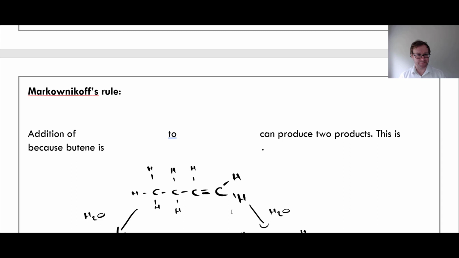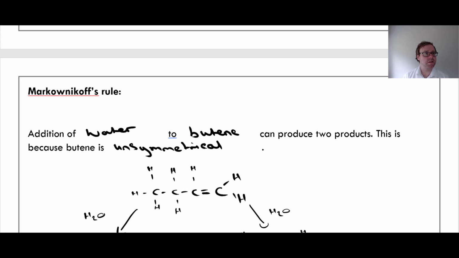So Markovnikov's rule. I'll explain it in a second. So addition of water to butene can produce two products. This is because butene is unsymmetrical. So we've said this before. I don't like the phrase water though, so I'm going to get rid of it because it could be steam.